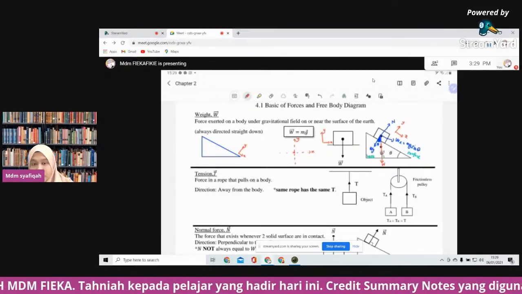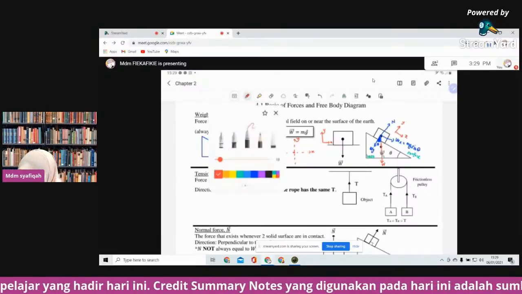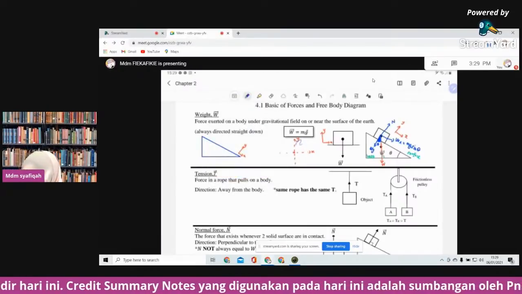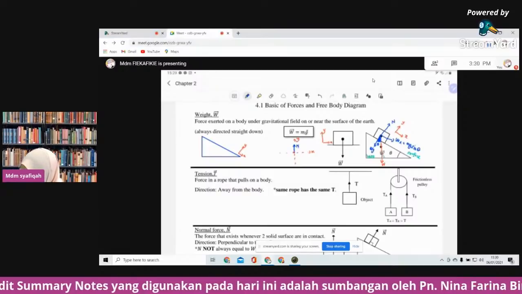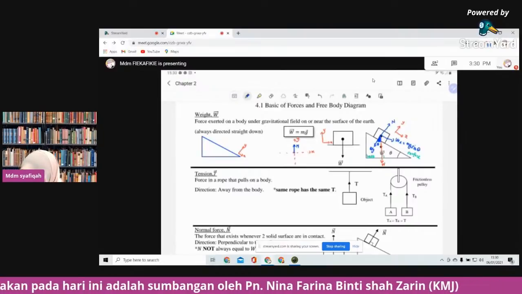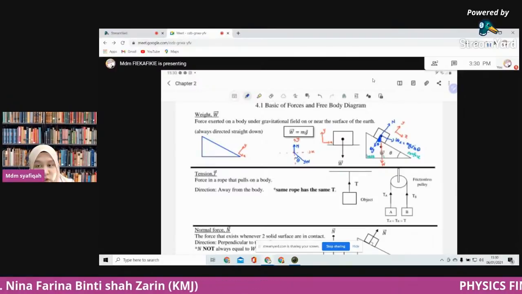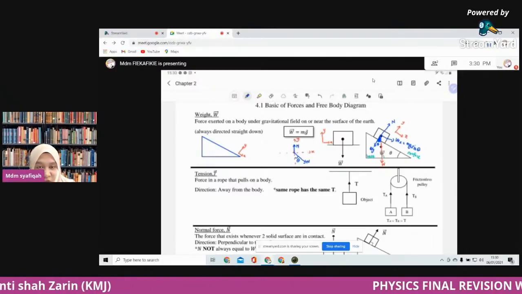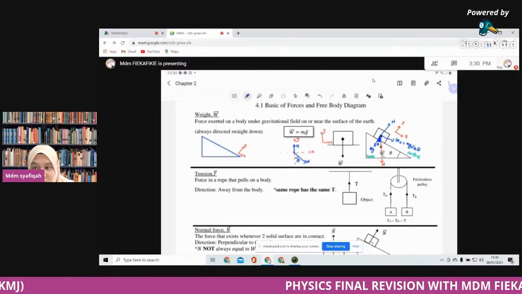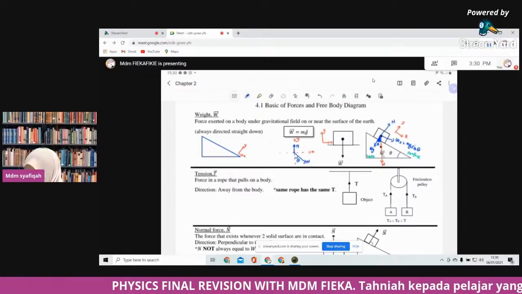Okay, betul? So for this one, bila kita draw the free body diagram, lepas tu kita ada apa? WY, W kat sini. So angle. Alright, so if this is the rough surface, so you must have the friction. Friction kat mana?